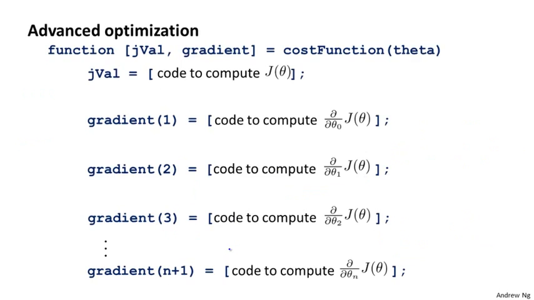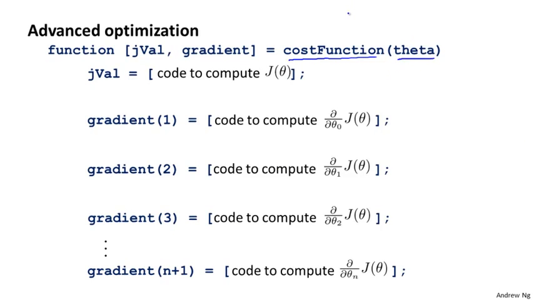Let's talk about how to get regularized linear regression to work using the more advanced optimization methods. Just to remind you, for those methods, what we needed to do was to define a function called the cost function that takes as input a parameter vector theta.